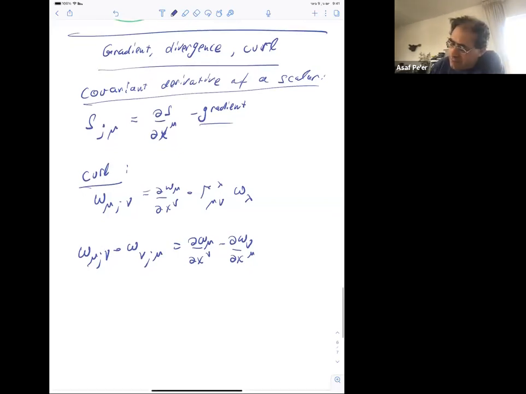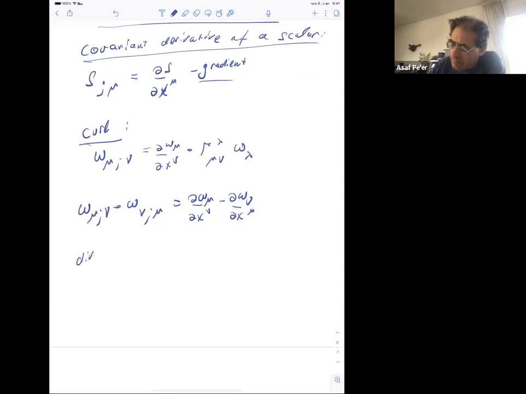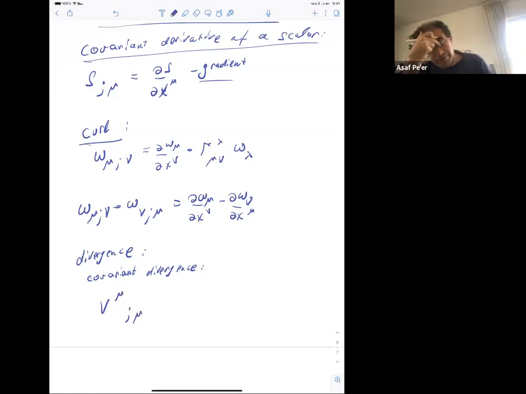What about the divergence? Divergence is slightly more tricky. If I take the covariant divergence, V mu semicolon mu, this is the covariant divergence, which is just d V mu over dx mu plus gamma mu mu lambda V lambda.